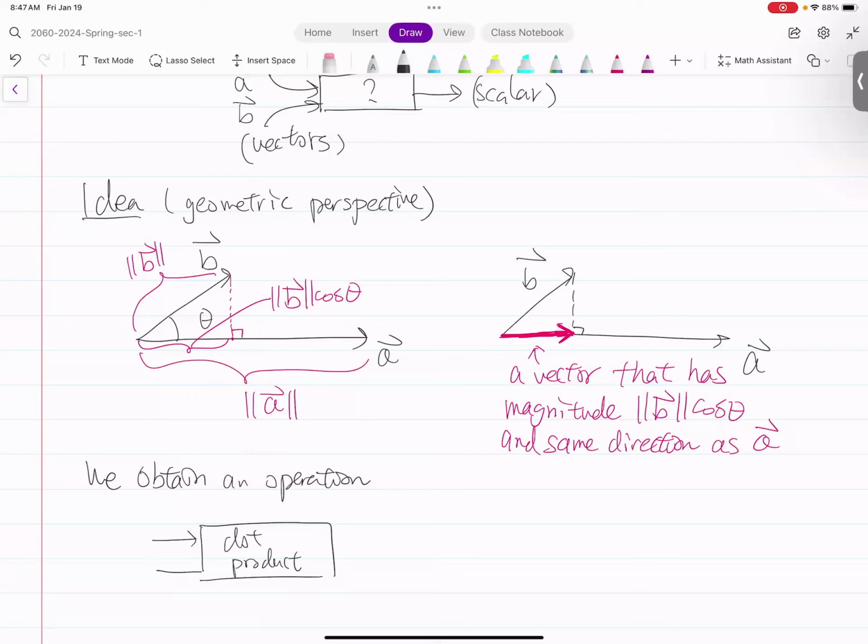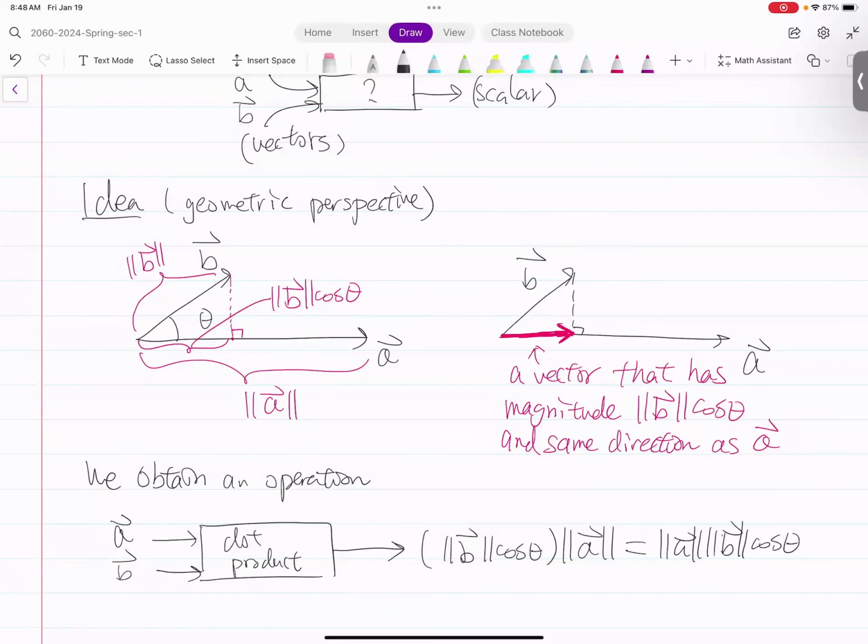Here we input two vectors A and B, and we output the calculation of the magnitude that we computed just now from the vector B, and we multiply by the magnitude of A. So if you rearrange the order of calculation, this is exactly the magnitude of A times the magnitude of B times cosine of theta, the cosine of the angle that's cut between these vectors A and B.